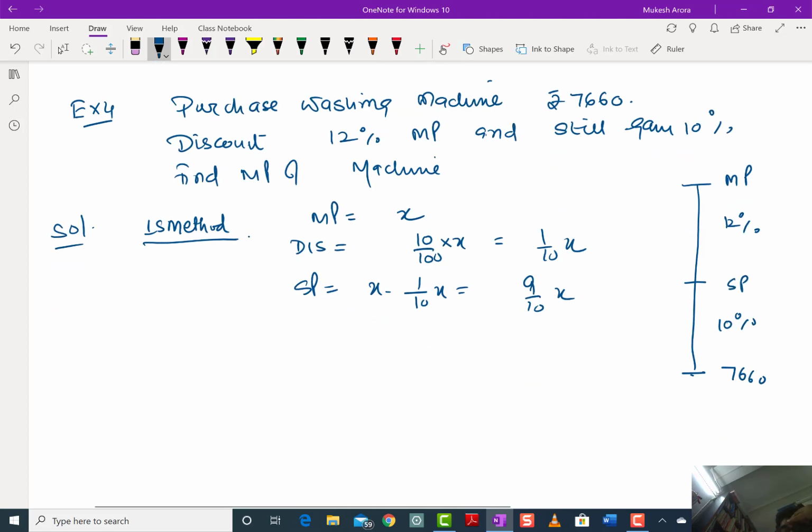This is selling price. So he has a gain of 10%. So CP will be equal to 100 upon 100 plus profit percentage into SP.